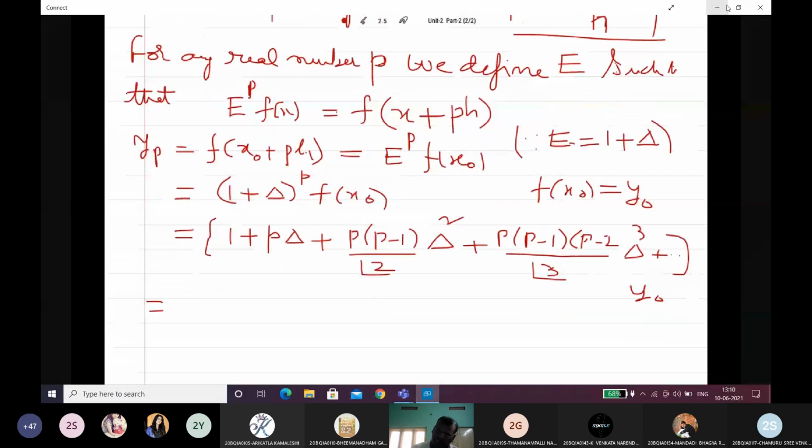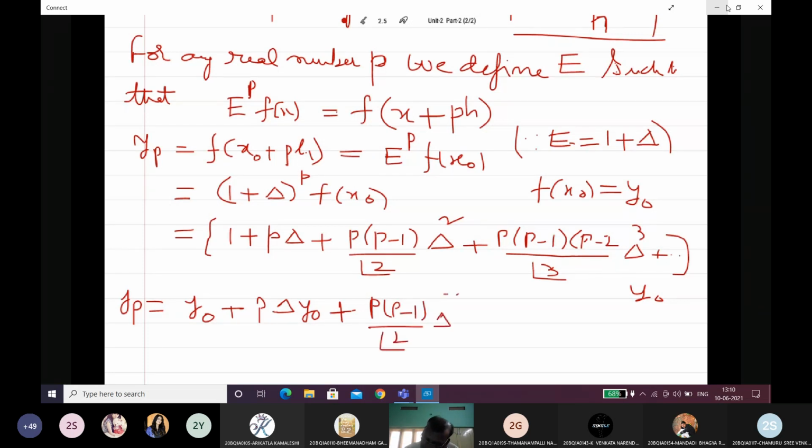Now take y naught inside that function: yp is equal to y naught plus p into delta y naught plus p into p minus 1 by factorial 2 delta square y naught plus and so on.